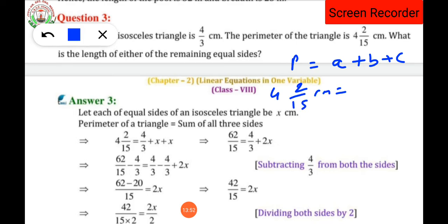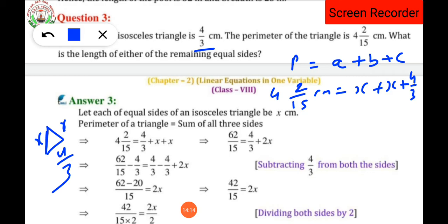A value we will consider as x, B value is considered as x, because in the isosceles triangle any two sides are equal, x, x, and the third side, the base, is given as 4 by 3 centimeter. That's why. Have you understood now? So the third side we will consider as 4 upon 3.